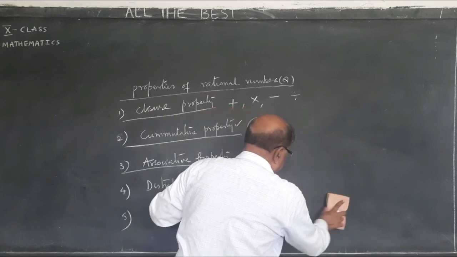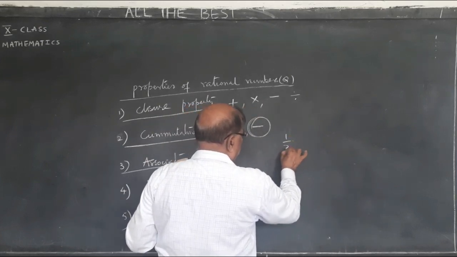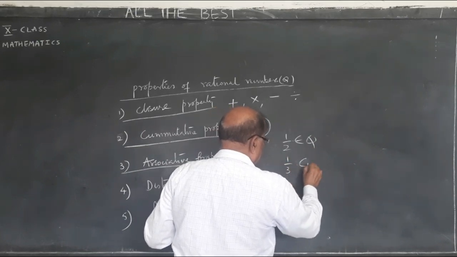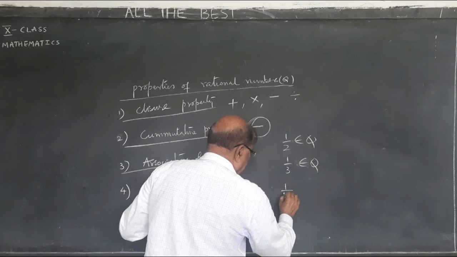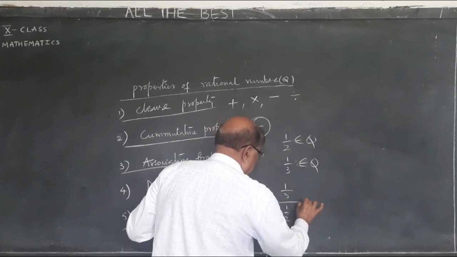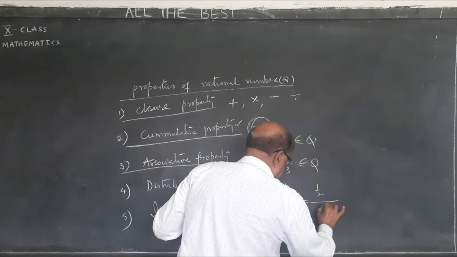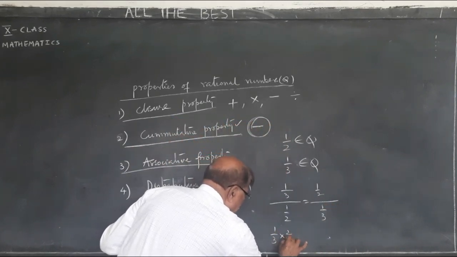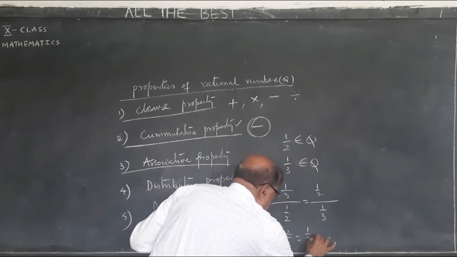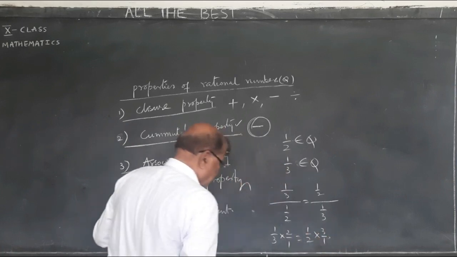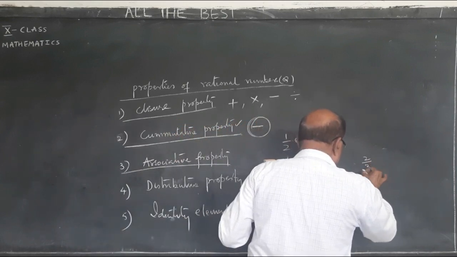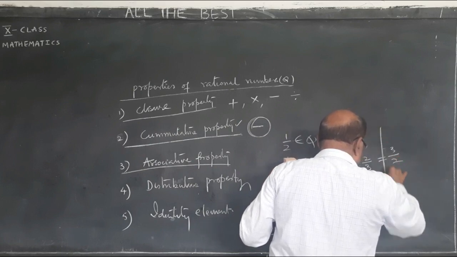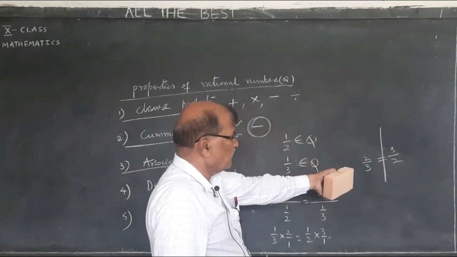So let us take division. 1/2 belongs to Q and 1/3 belongs to Q. Divide 1/3 by 1/2, and 1/2 divided by 1/3. So you are getting 1/3 into 2/1 is equal to 1/2 into 3/1. So you are getting 2/3 on the left hand side and 3/2 on the right hand side, which is not equal.